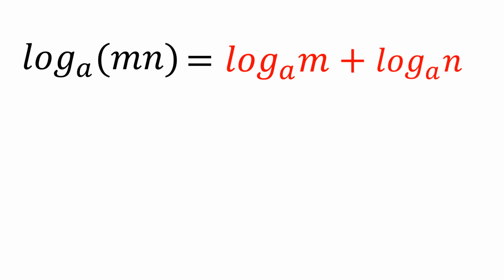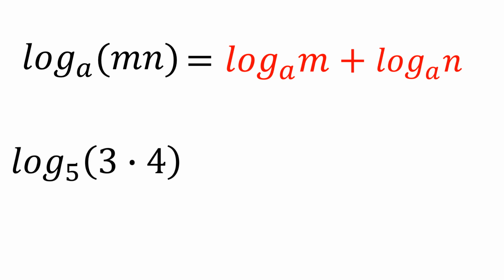It's the same log, the same base a, but separated with a plus sign, or an addition. So if you have a product argument, m times n, you can expand it and separate it into two different logarithms, log of m plus log of n. But make sure it's the same base, a and a.